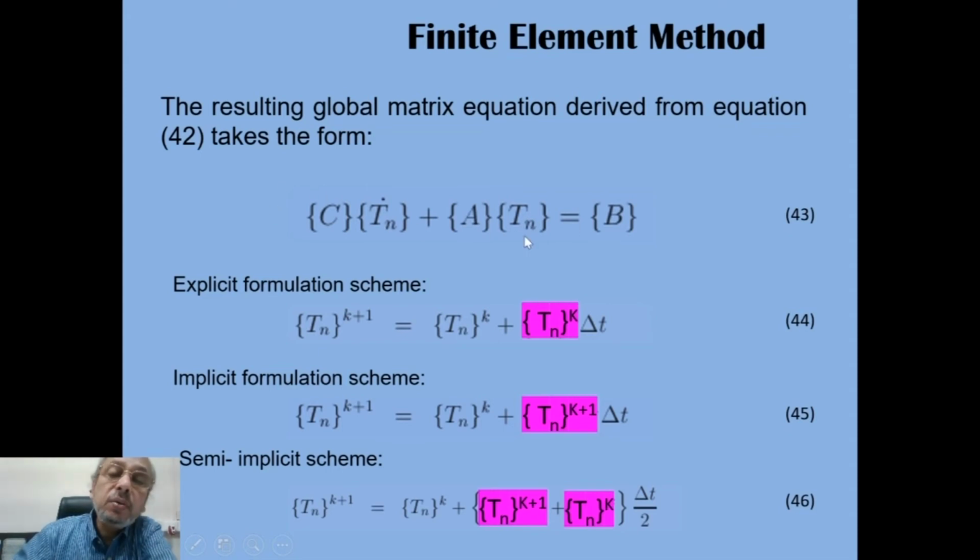Now, in order to solve this, forming this C matrix, A matrix, B matrix is the major task. From each element contribution we get a 3 by 3 matrix, and then all these matrices are globally added up to form the global matrix.